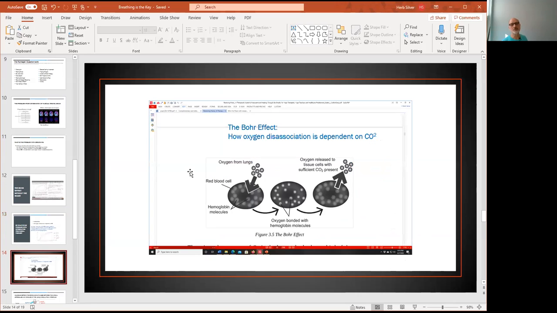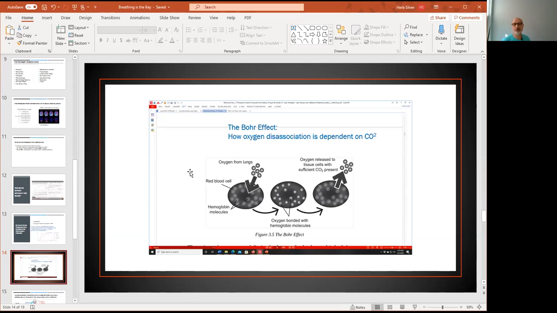Of course, we get oxygen from our lungs, it goes to our red blood cells, attaches to the hemoglobin, and in the presence of CO2, we release it. Without enough CO2, all that good oxygen goes to waste. The other interesting thing that one of my patients said today is, don't forget the weight loss component.